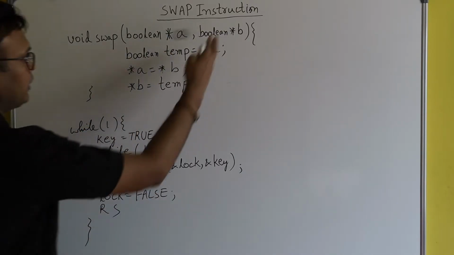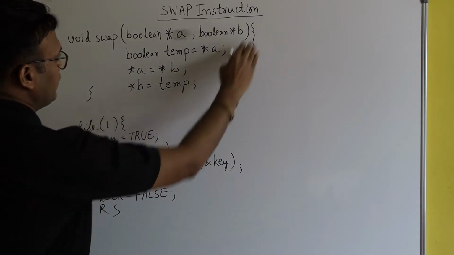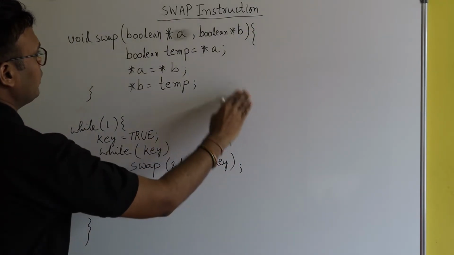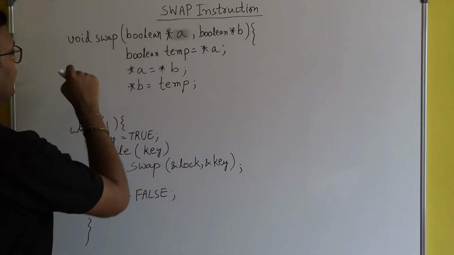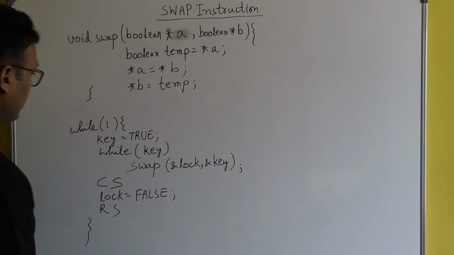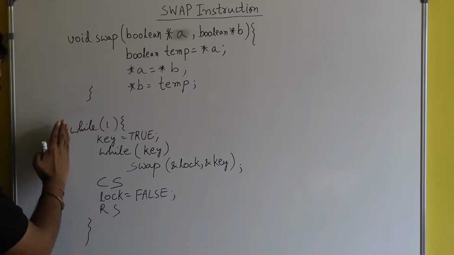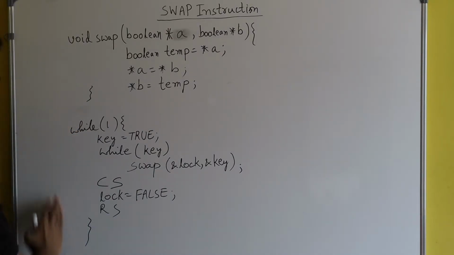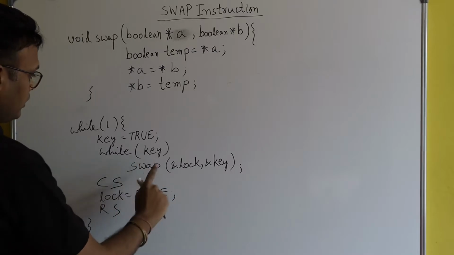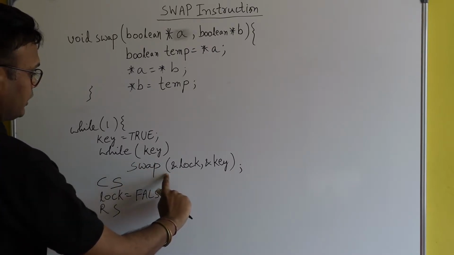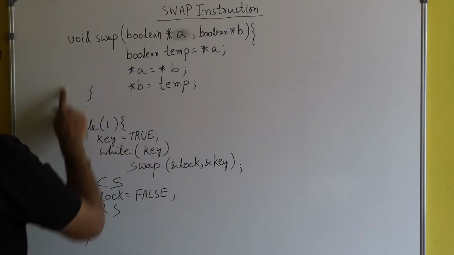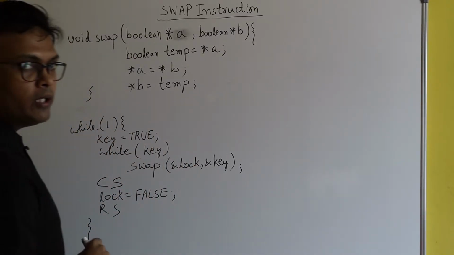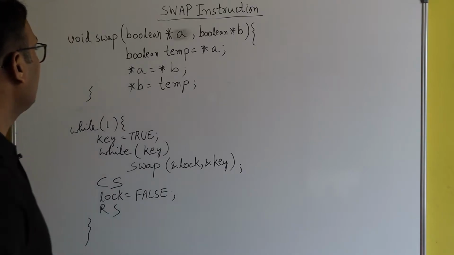This part is the function definition of swap, and this part will start from here. Here the swap function is being called, and the swap function is defined here. Don't worry, I will explain all these things one by one.